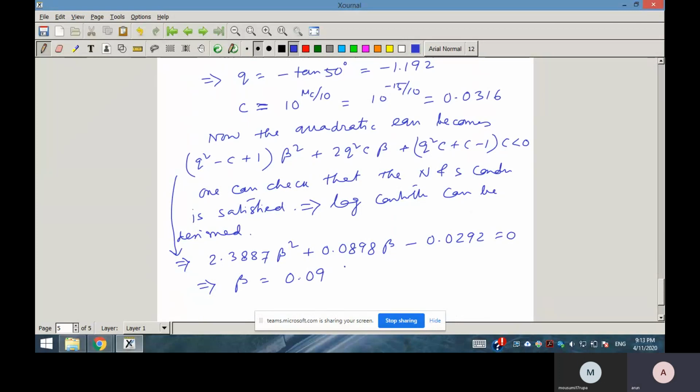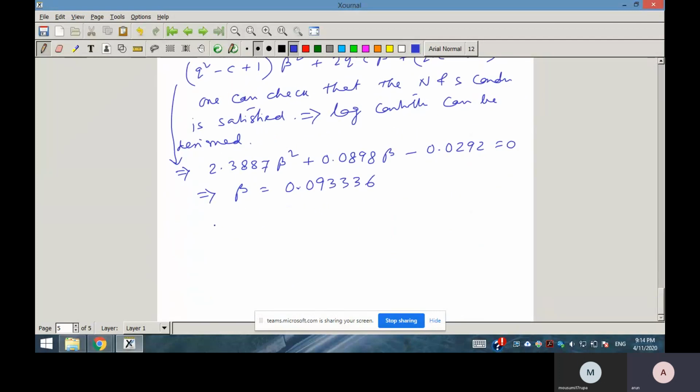The other negative solution we will not consider because beta is greater than 0, so it will automatically be less than 1. Then b equal to omega c by beta into the square root of (beta square minus c) divided by (c minus 1), and this will be 3.295.